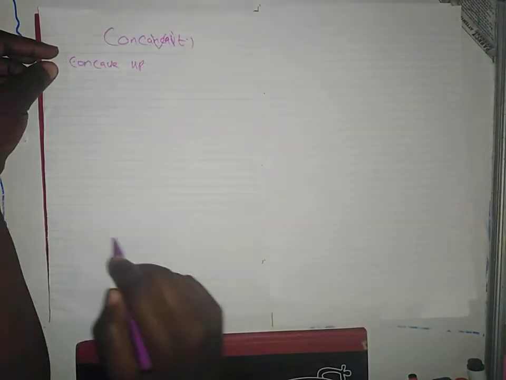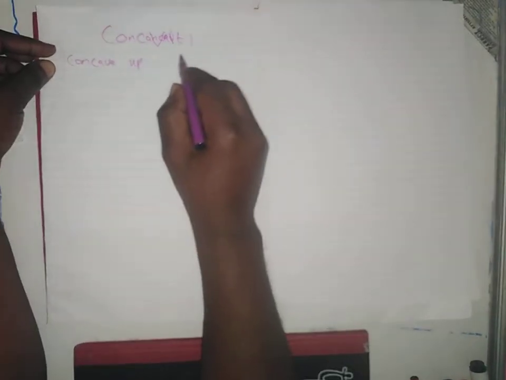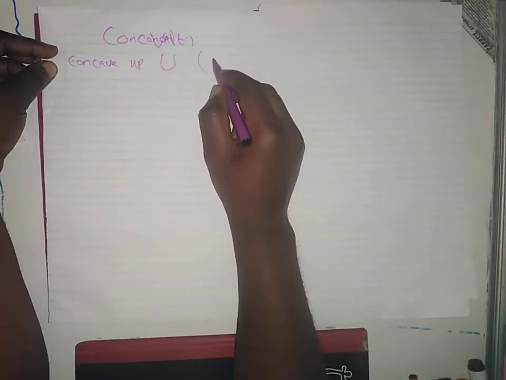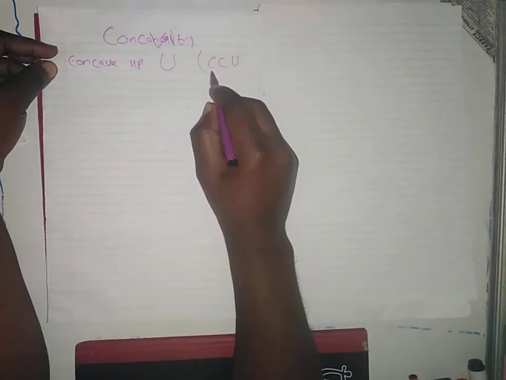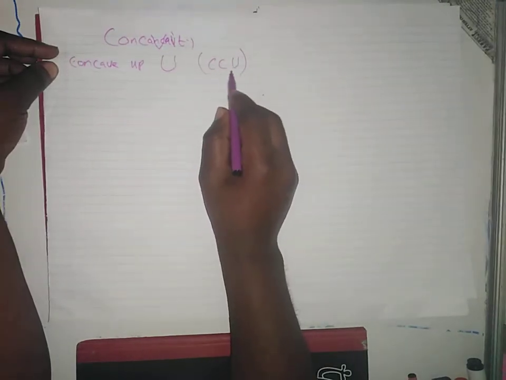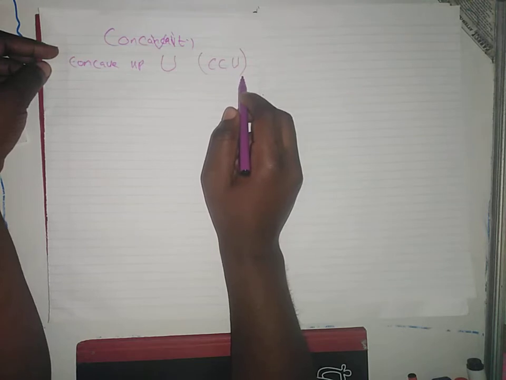When a function is concave up, it's like this. We refer to it as CCU, which means concave up. We'll be using this CCU for concave up.